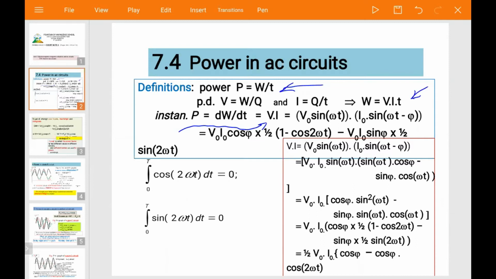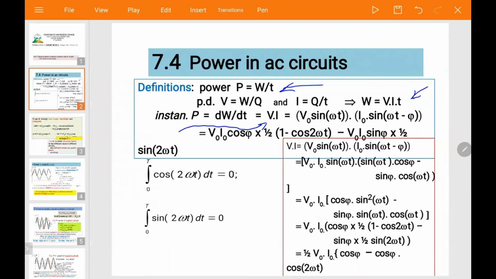So dW over dt, when it changes very quickly, gives you instantaneous power. Whether average or instantaneous, power is always V times I. So here we multiply instantaneous voltage by instantaneous current, because the generator is continuously rotating.